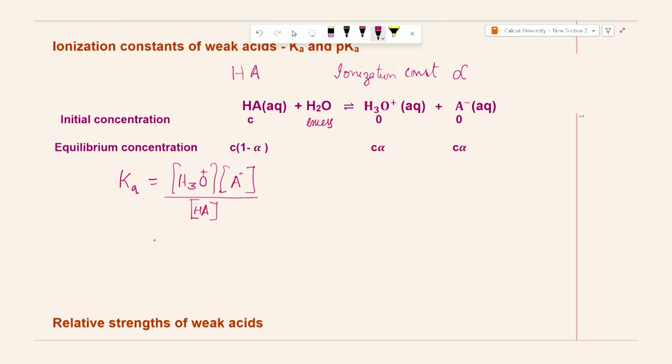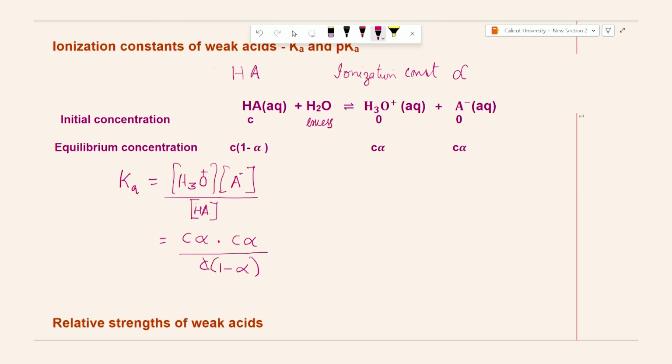Now, at equilibrium we know that the concentrations are given by C into alpha for H3O+ and for A-, whole divided by the concentration of HA, which is C into 1 minus alpha.